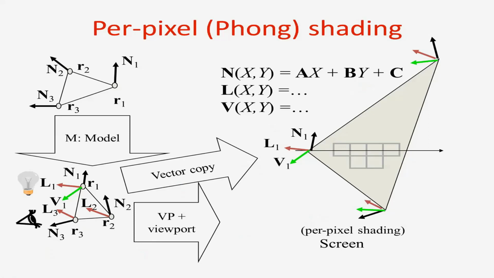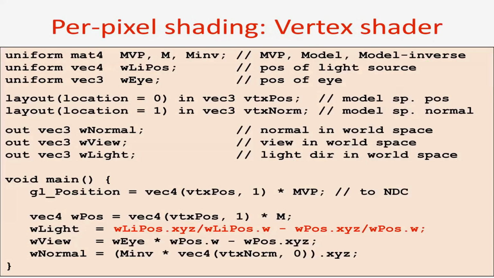These vectors are interpolated inside the triangle for every pixel, where the radiance is obtained with normalizing the vectors and evaluating the illumination formula. In Phong or per pixel shading, the vertex shader prepares the vectors needed by the illumination formula and outputs them in output registers W normal, W view, and W light.